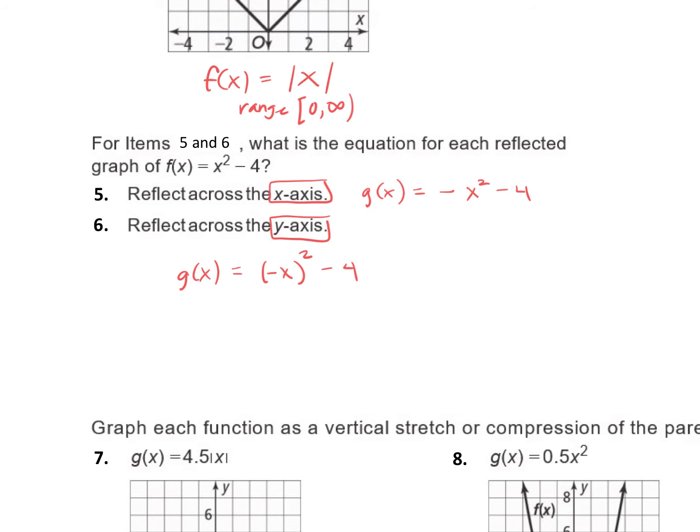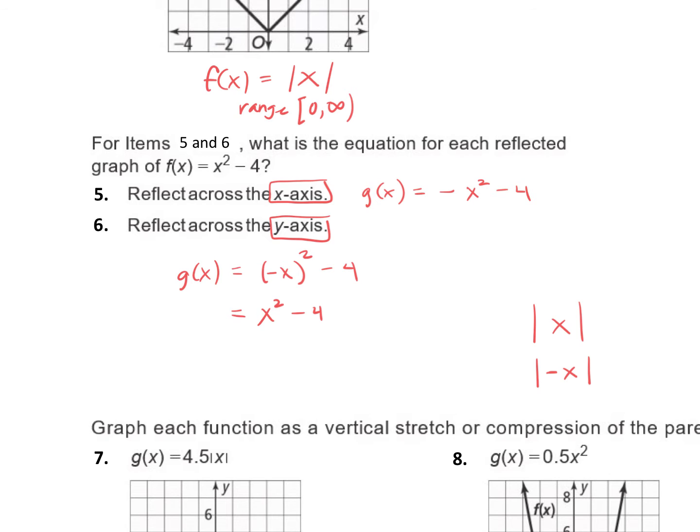If it's a y-axis reflection, the negative has to go inside of either parentheses, or if you were dealing with absolute value, like if you had the absolute value of x, it would go inside with the x. That would be a reflection across the y-axis. In this case, we actually can simplify. A negative x squared is a negative x times negative x, which does turn to a positive x squared minus 4. And so that would be our reflected graph right there.